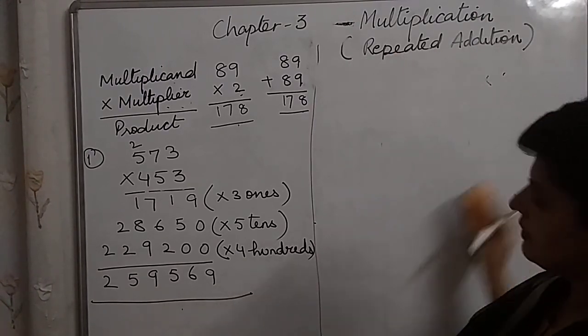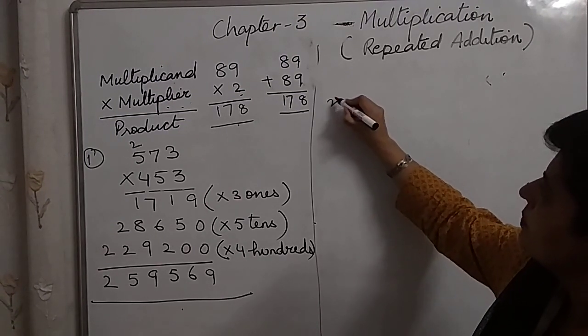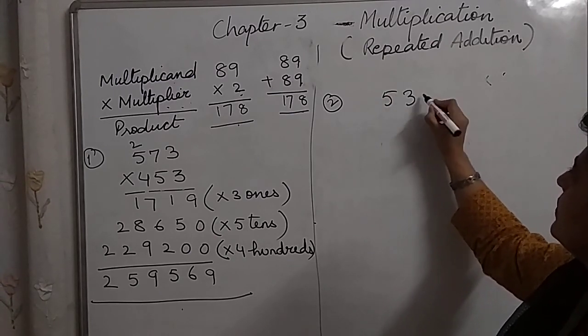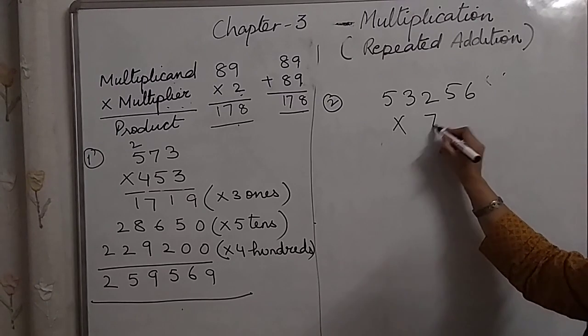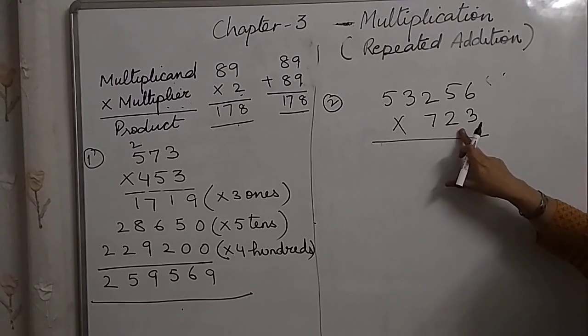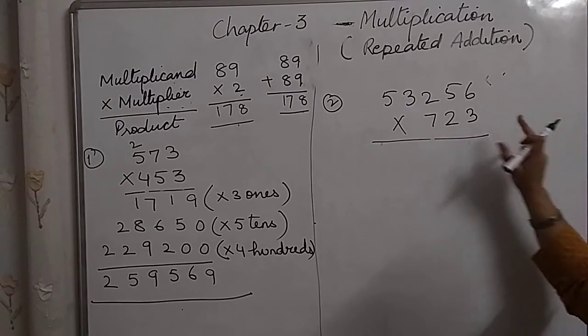Now again another example. Second question. 53256 multiply by 723. Now 3 is at ones place, 2 is at tens place and 7 is at hundreds place.